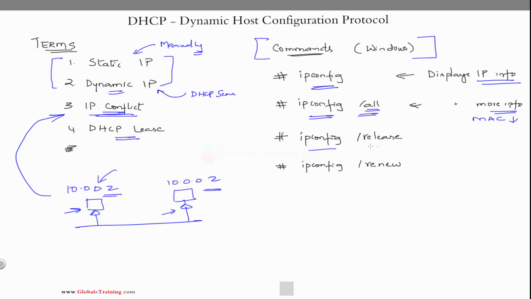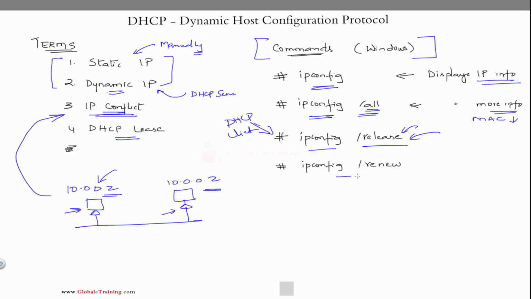And ipconfig /release is when you force your network card or your computer to release the IP address. The release and renew only work if it is what? A DHCP client. What you're really telling it is that you are a DHCP client, got an IP address from a DHCP server, and you're saying, I'm releasing it. I don't want this IP address anymore. That's what you're saying.